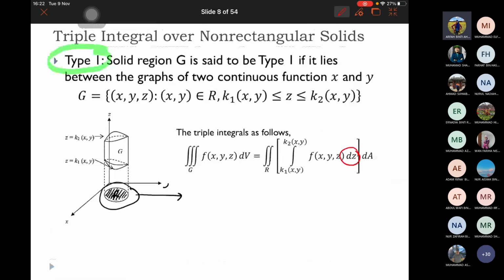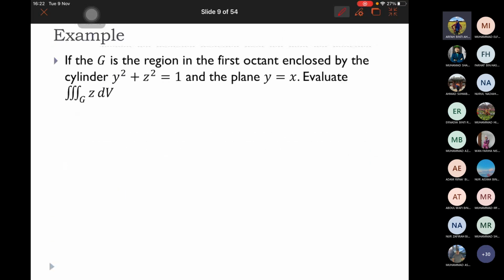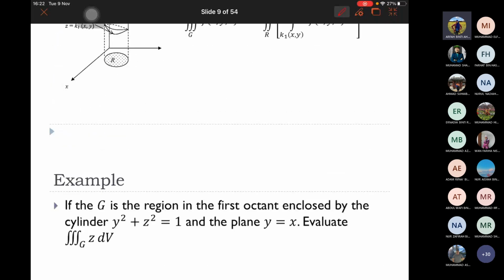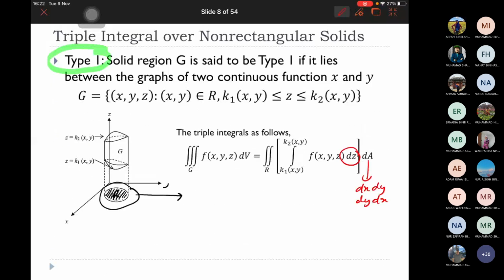Okay. Then dA ni akan jadi dx dy atau dy dx. Okay. Depending on dia punya base. Okay, dapat eh?